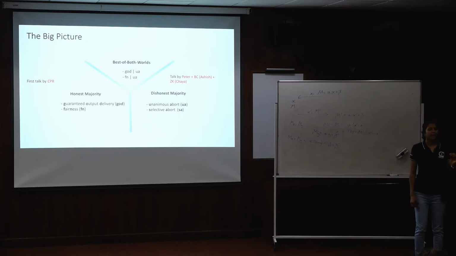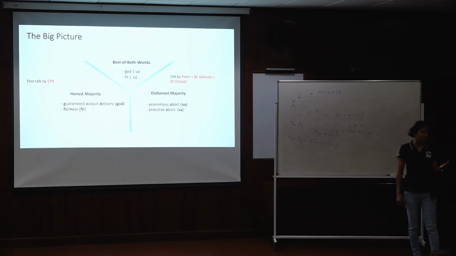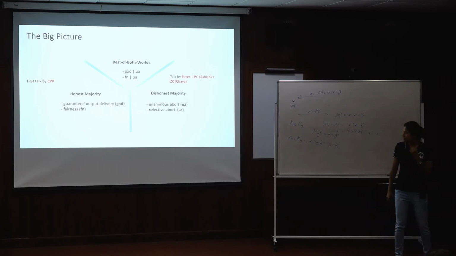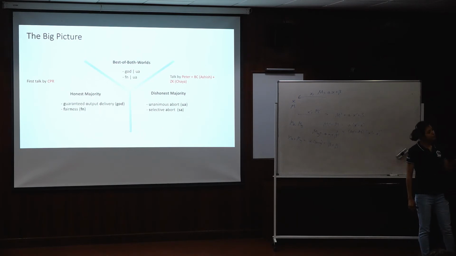That is, if the adversary corrupts in a dishonest majority way, that is, it corrupts a majority of the parties, then we are going to get unanimous abort security, which is the best that you can achieve in that world. And if the adversary is constrained and it can corrupt only a minority of the parties, then we are going to get guaranteed output delivery, which is the best that you can achieve in this world.